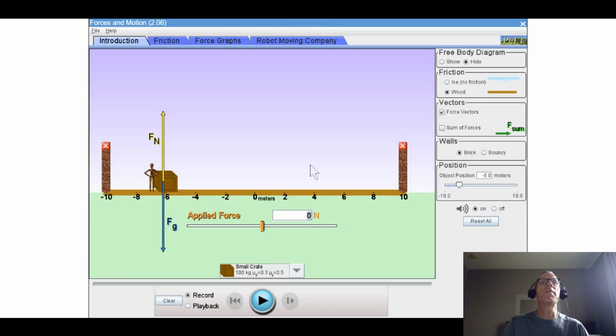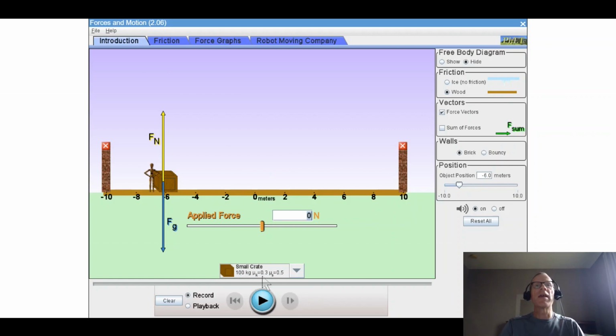When it loads up, you can see there are a bunch of tabs. The HTML5 programs have blocks at the bottom that you pick, which is a little more interesting to look at. So first, we're just going to start with the introduction. We've got a box, or a crate, and the crate is 100 kilograms.